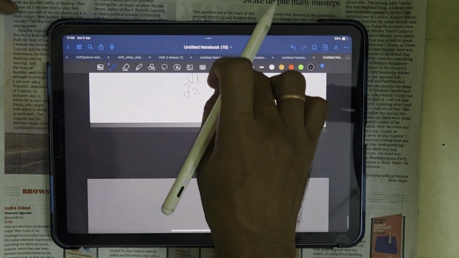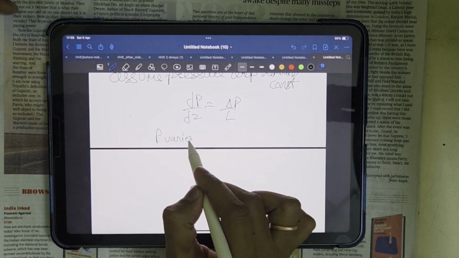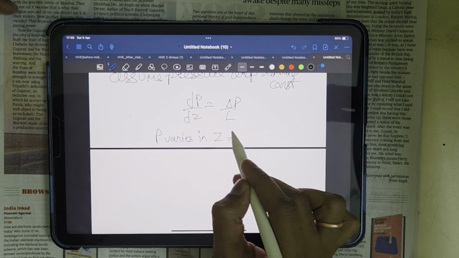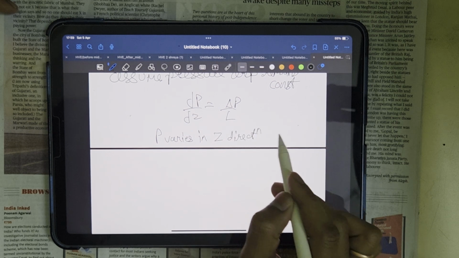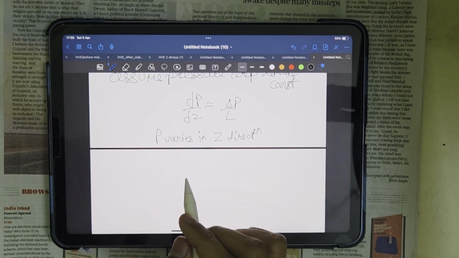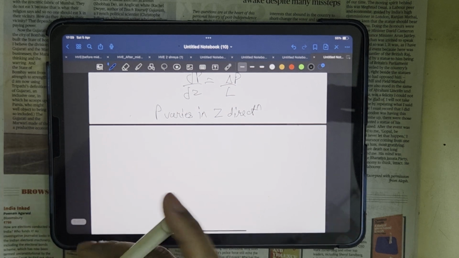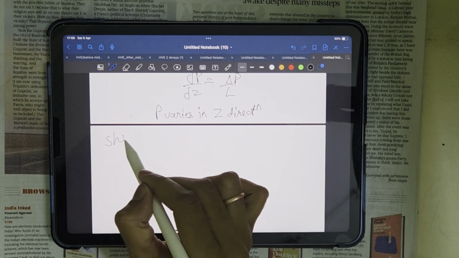Now pressure varies in the z direction. The differential thickness is in the r direction, and the shell will look like this.